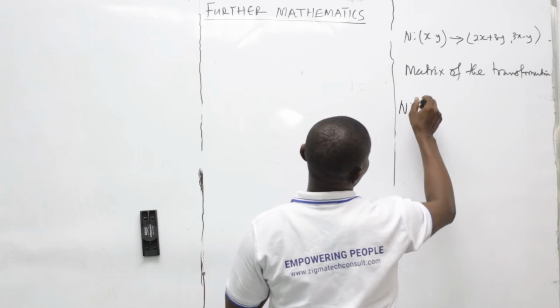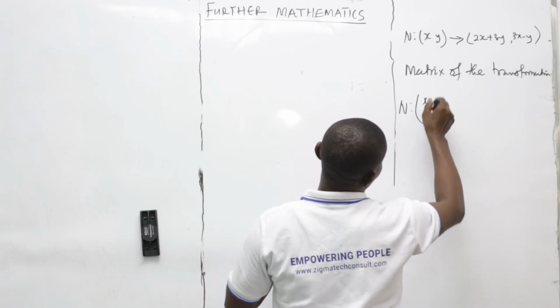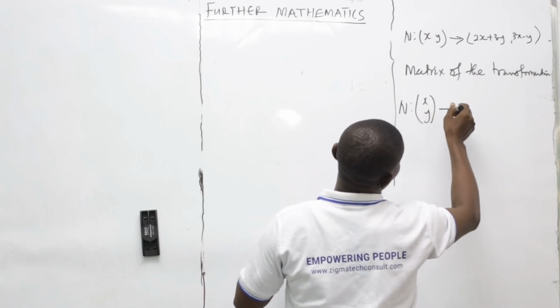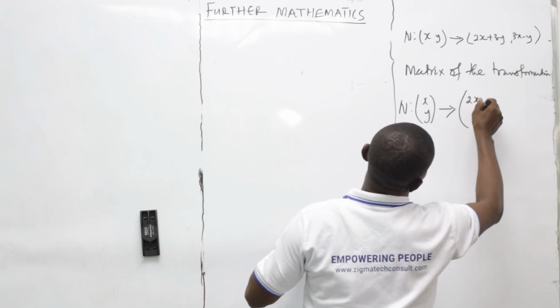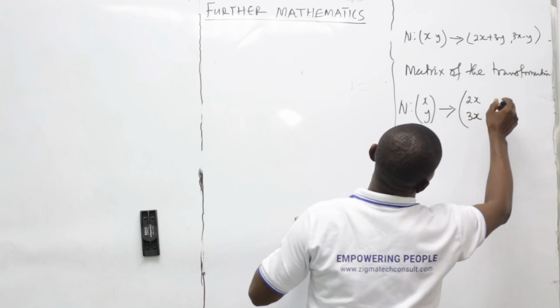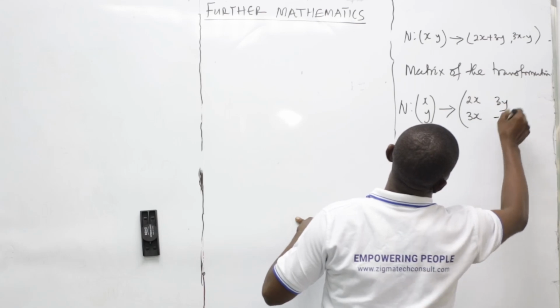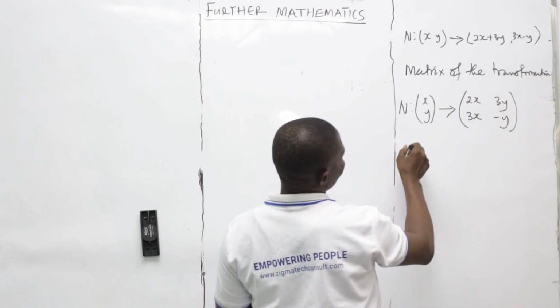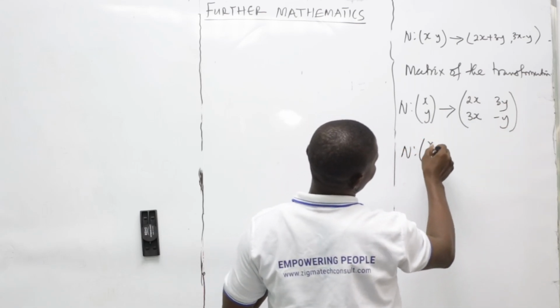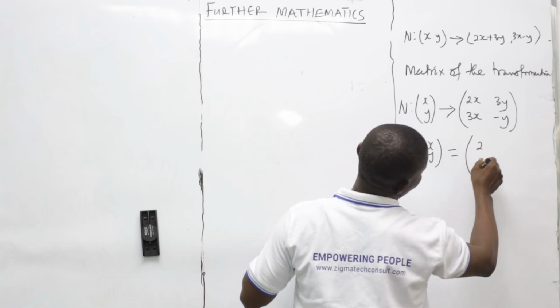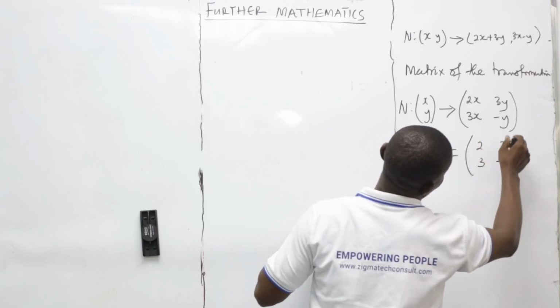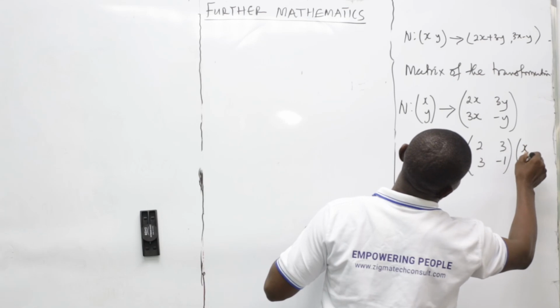If N is given to us, that is (x, y) implies (2x + 3y, 3x - y), N multiplied by (x, y) equals (2, 3; 3, -1) times (x, y).